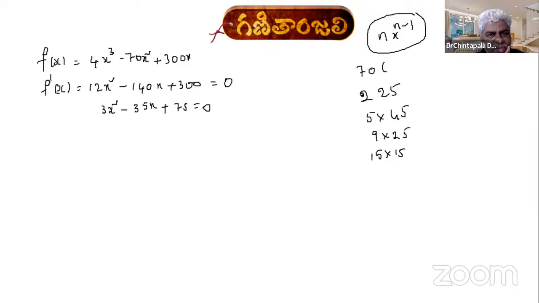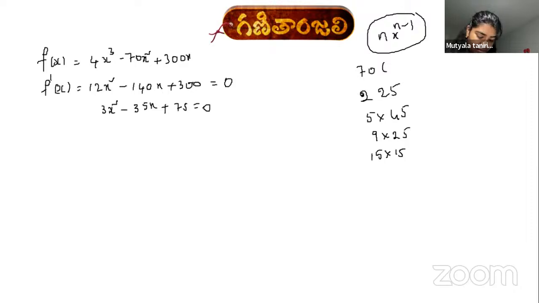Dividing each term by 4: 12 by 4 is 3, 140 by 4 is 35, 300 by 4 is 75. There are no factors for this. What if we do it from 3600, that is 300 times 12?